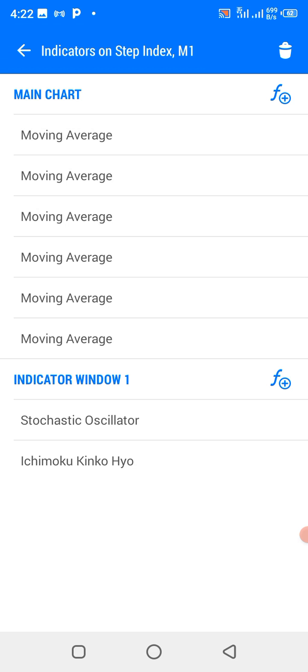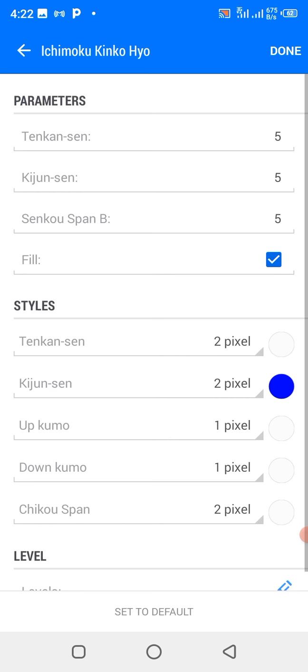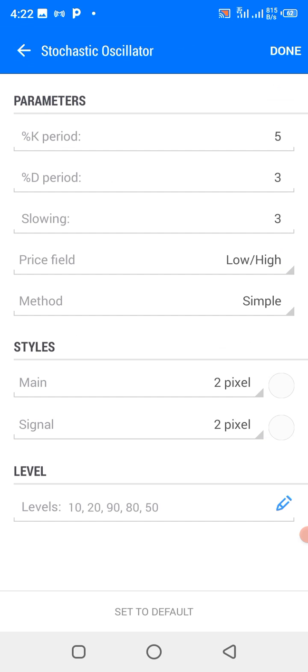Then the next indicator, this time around, we click on indicator window 1 and add stochastic oscillator. I've done that. The values are K period is 5, D period is 3, slowing is 3, price field low or high, method simple, styles the main should be 2 pesos and white, signal should be 2 pesos and white.